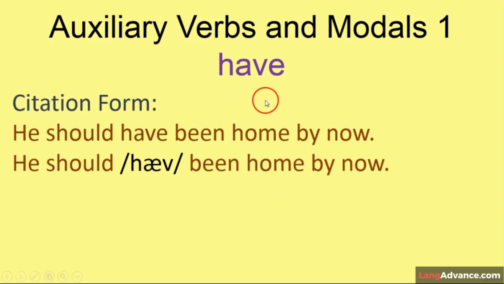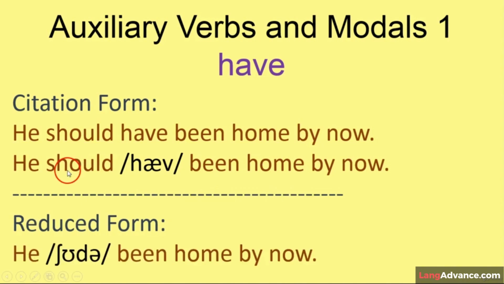The word have in IPA format looks like this. We have the letter H and the symbol a plus the letter V. Have. However, in reduced form, we combine the word should and have together. We drop the sound of V and the sound a becomes the schwa.